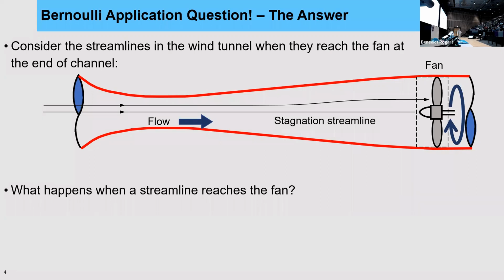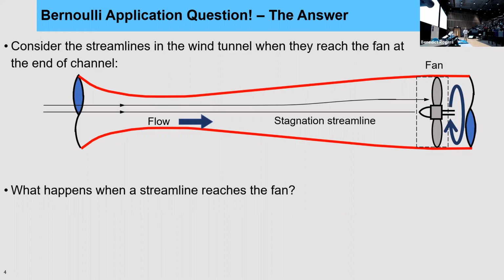That rotation gives the fluid a rotation, and you actually have something called swirl at the end there. So what happens? Well, the central streamline will hit on the stagnation point, but the others will not, and it will start to go round. But the flow becomes much more complicated here because of that rotation.